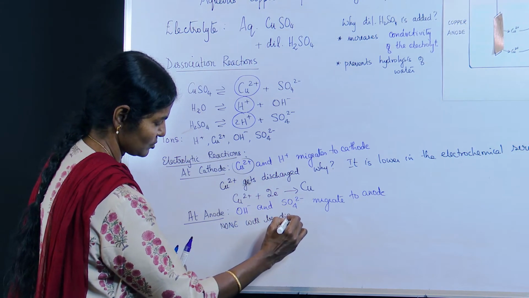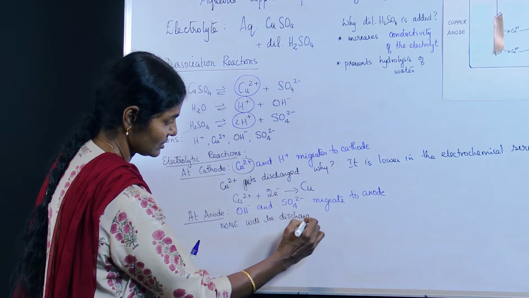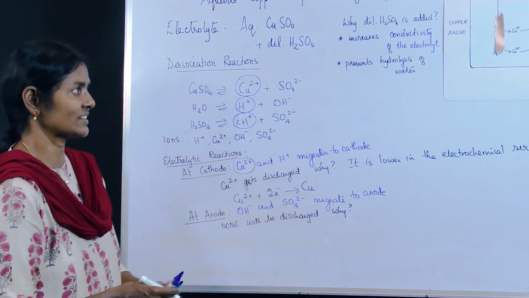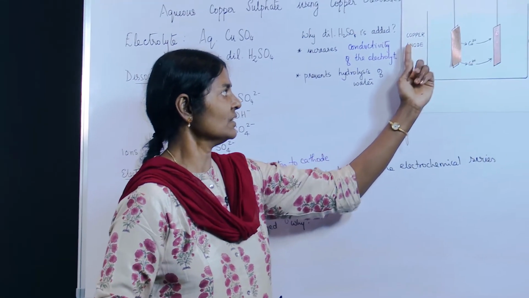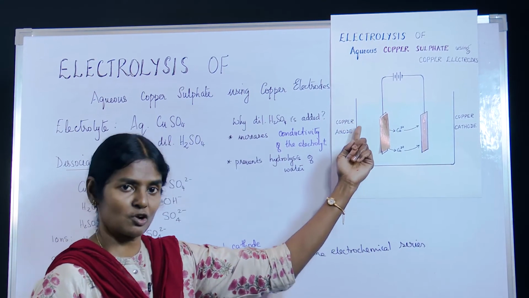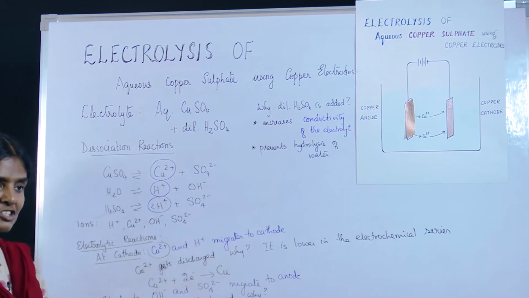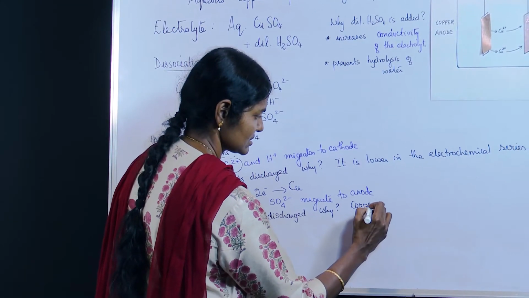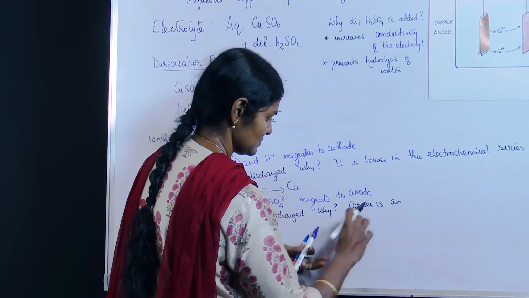Why are they not discharged? Because we should look at the diagram and remember both the anode and the cathode are made of copper, which is an active electrode. Okay, copper is an active electrode.